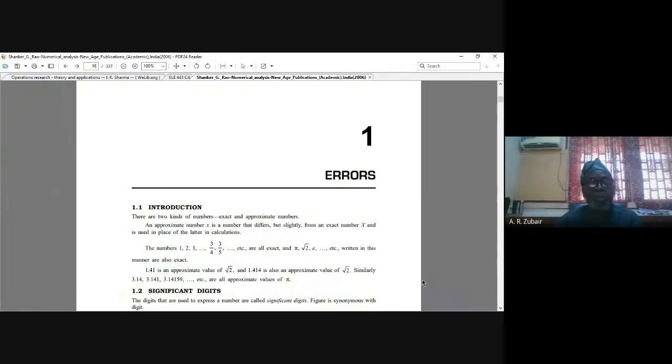You are supposed to go through this chapter, it is readable, and then follow the examples. I don't expect you to memorize formulas. The formulas are just there to guide you. I expect you to be able to work. And fortunately for you, all the worked examples there, they gave you solutions. Don't memorize, try to see how they got it.